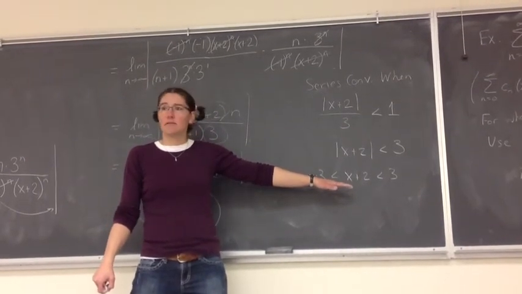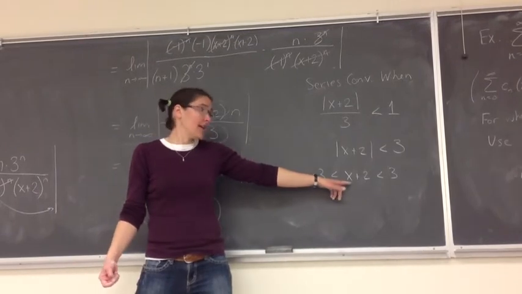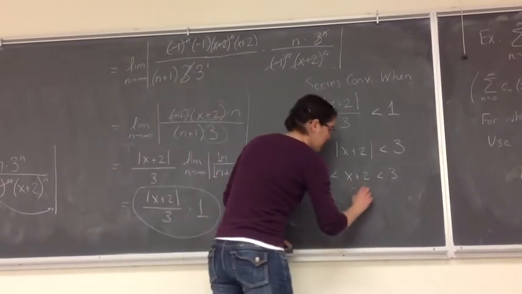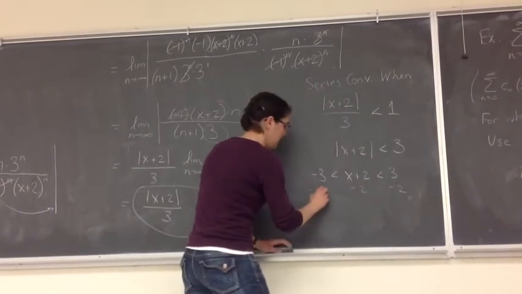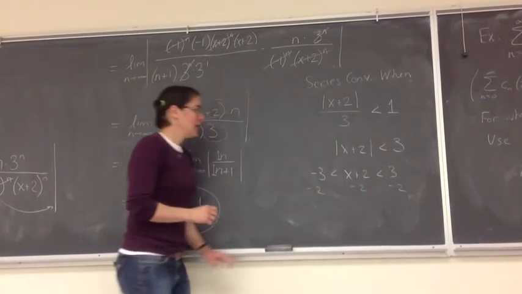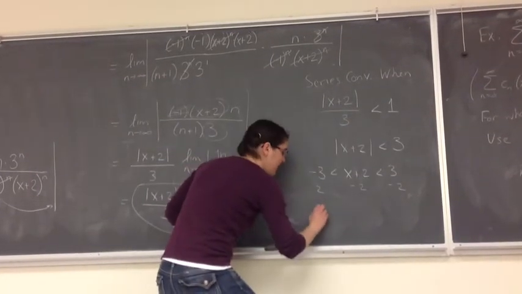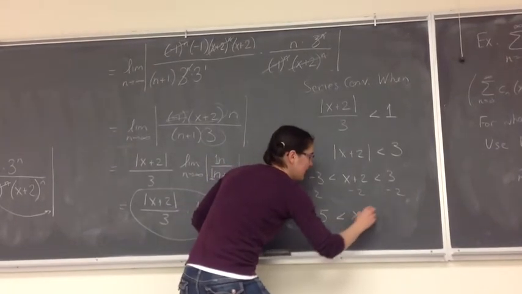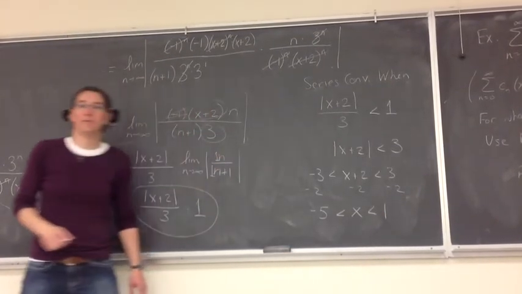Okay, so from here, I still want to solve for x, and so to get x by itself, I can subtract 2 from both sides. Well, both sides meaning all 3 sides. And so I end up with negative 5 is less than x is less than 1.